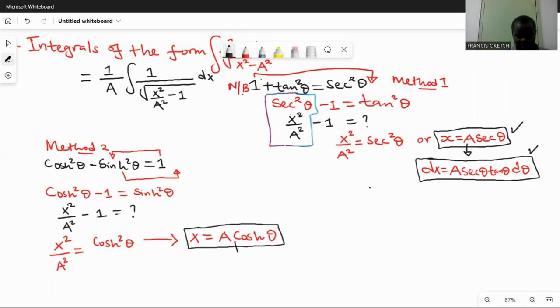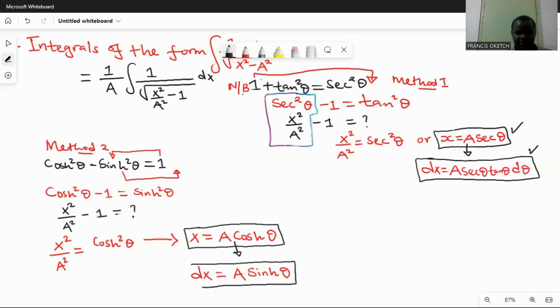So what about the derivative? What will dx become? So when you differentiate, you get dx will be equal to a, because a is a constant. When you differentiate cos hyperbolic of theta, you get sine hyperbolic of theta. So look at my substitution and the corresponding differential.